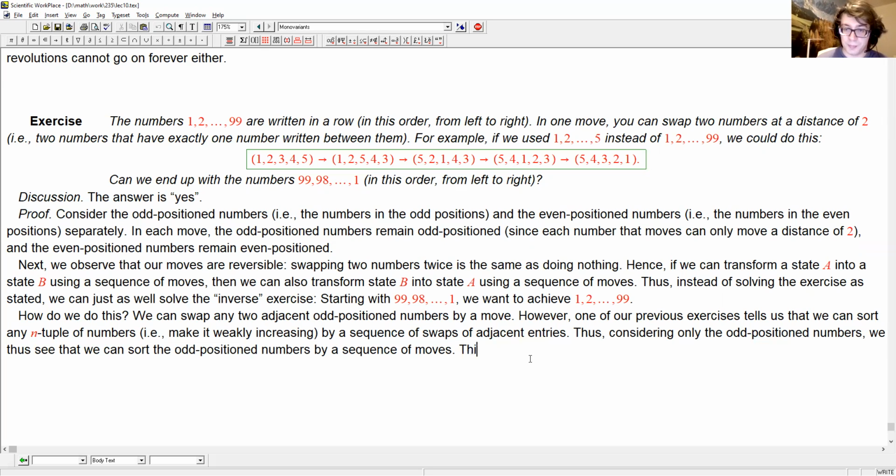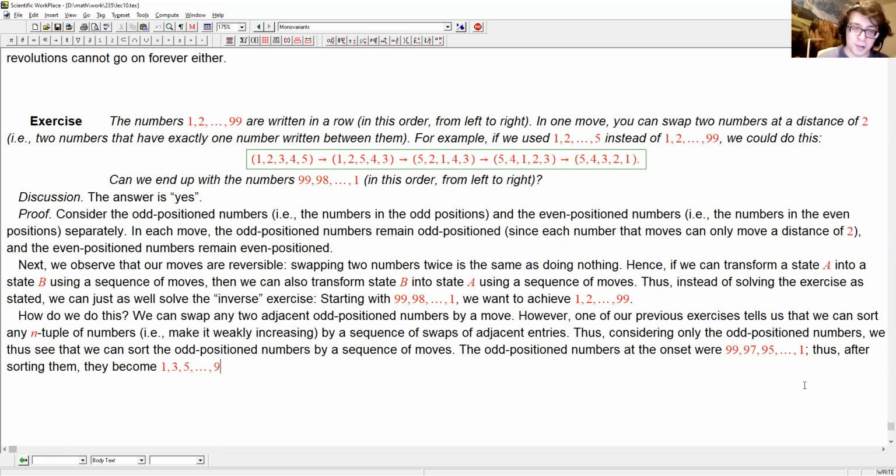So the odd position numbers at the onset were 1, 3, 5, and so on 99, because each number was in its own position. But after we have sorted, sorry, I forgot, we were doing the inverse exercise. So they were not 1, 3, 5, and so on. They were 99, 97, 95, and so on 1. Thus, after sorting them, they become 1, 3, 5, and so on 99.